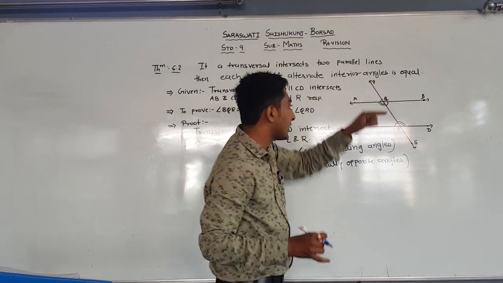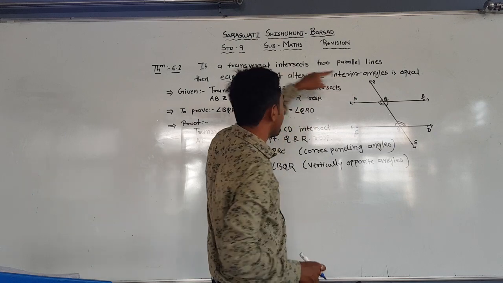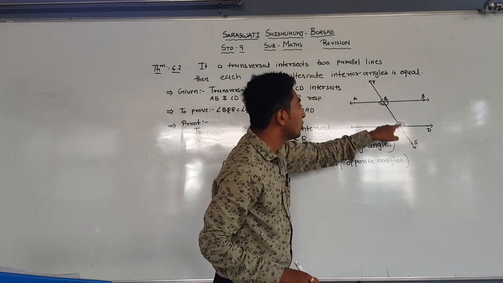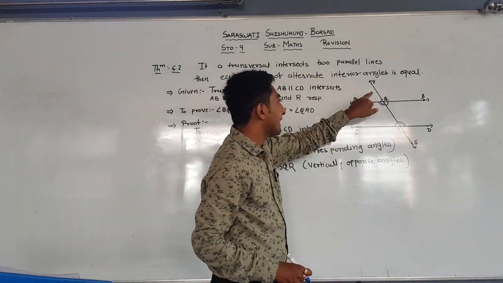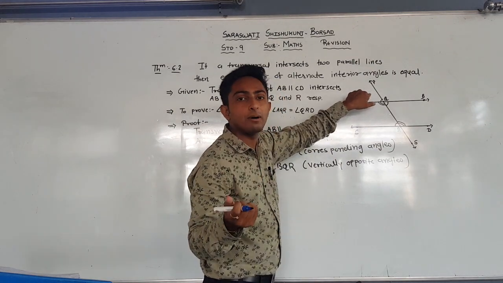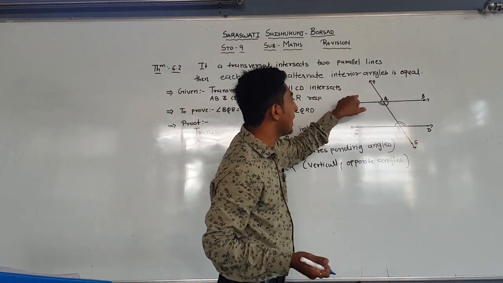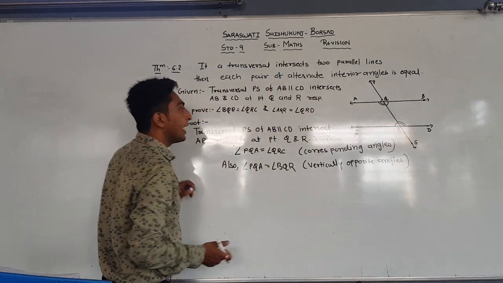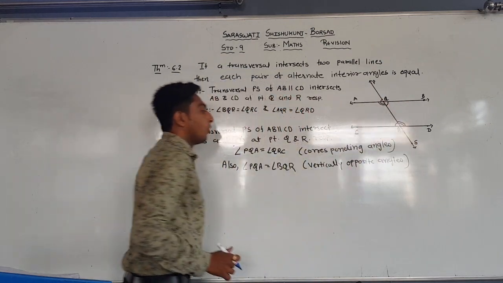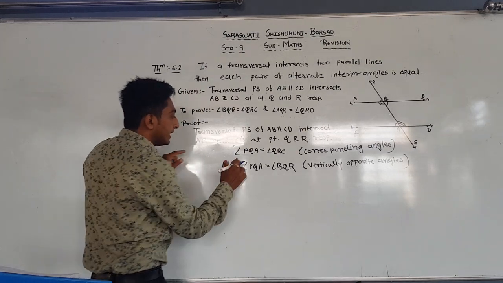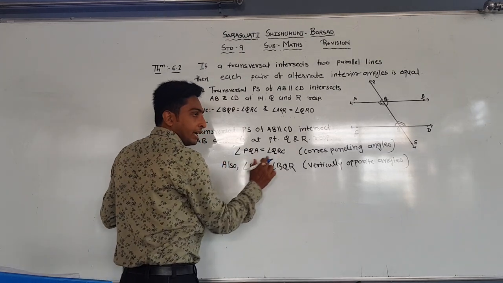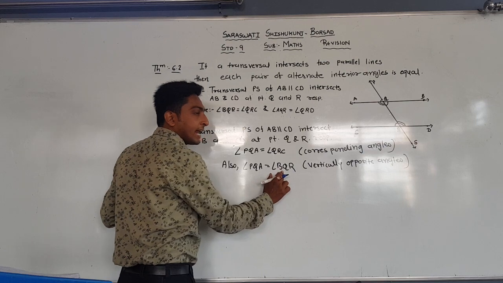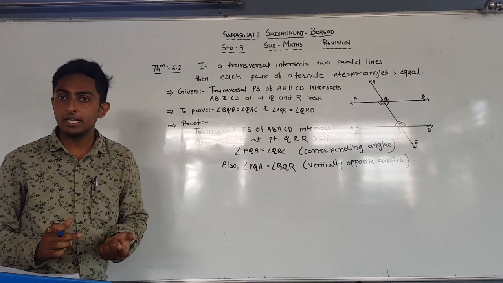Once again I repeat. First I am taking the corresponding angles, that means PQA and QRC. Then second I am using theorem number 6.1, that is PQA equal to BQR as vertically opposite angles. See, if x equals y and x equals z, then I can say that y equals z.